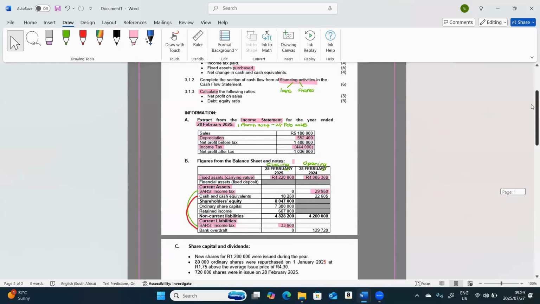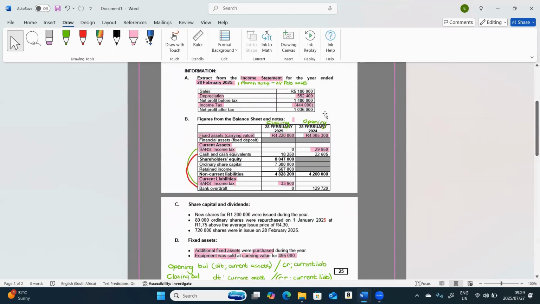Okay, so the balance at the beginning of the year for cash and cash equivalents, let's have a look. I didn't explain this portion previously, but you will see that cash and cash equivalents, I did not talk about this 22,600 and 5,000. We actually did have our cash and cash equivalents, which is not only our bank account. Do you understand this? There are other cash and cash equivalents as well.